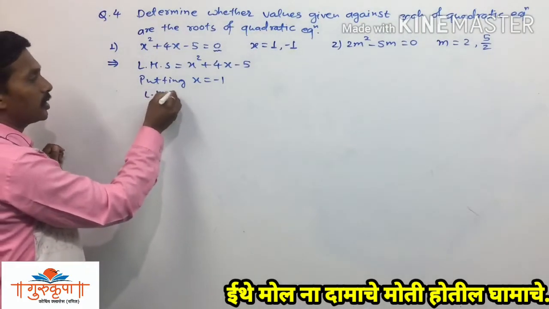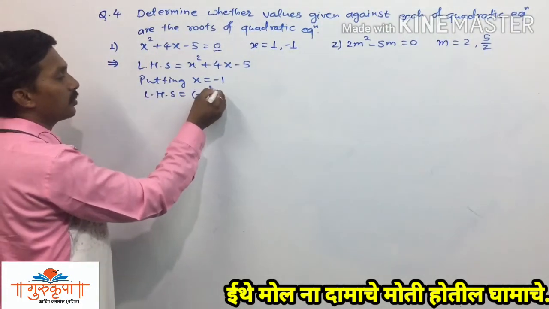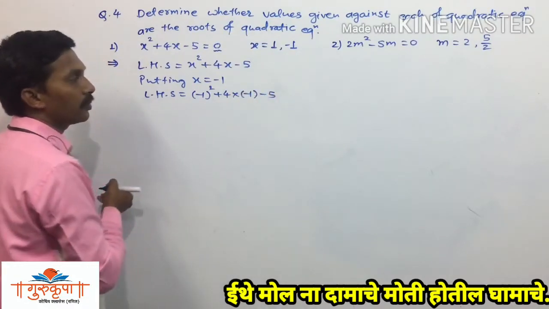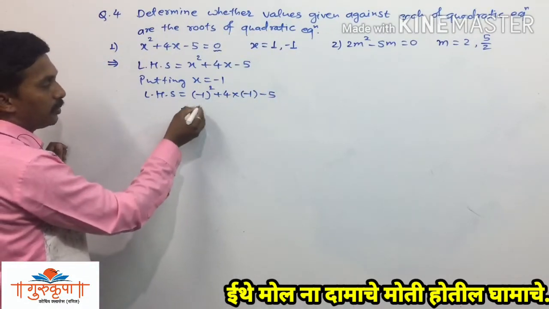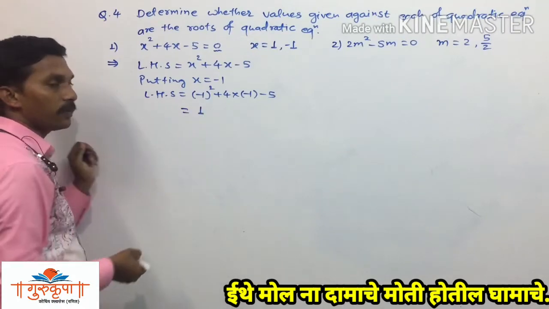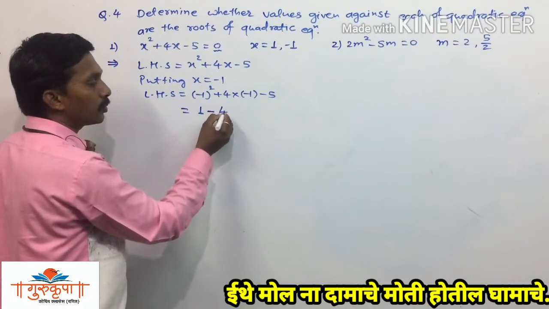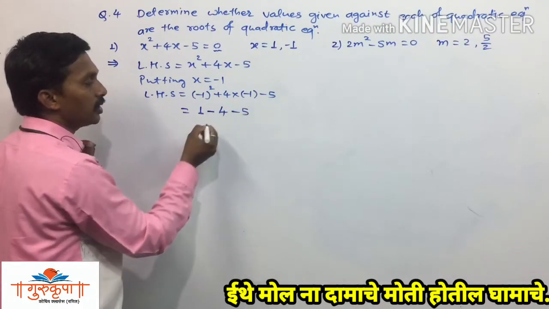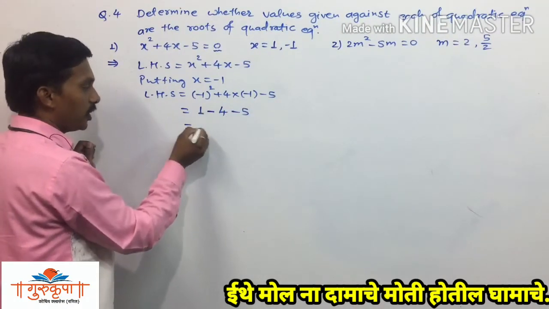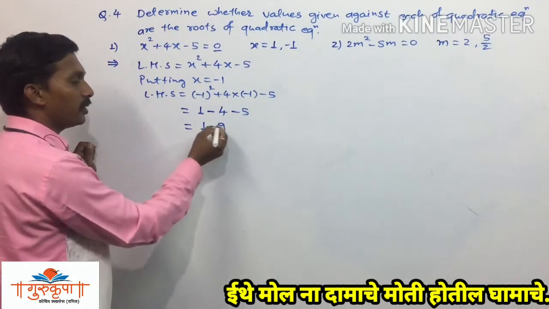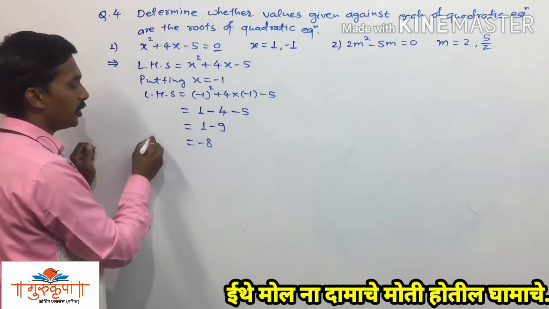So we have LHS is equal to square of minus 1 plus 4 multiplied by minus 1 minus 5. Now the square of any negative number is always positive, so the square of minus 1 is 1, and plus into minus is minus, so 4 into 1 is 4, this is minus 5 as it is. Now 1 remains as it is, minus 4 minus 5 becomes minus 9, and 1 minus 9 is minus 8.